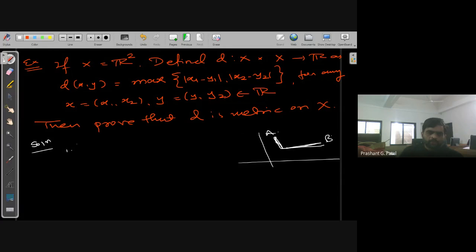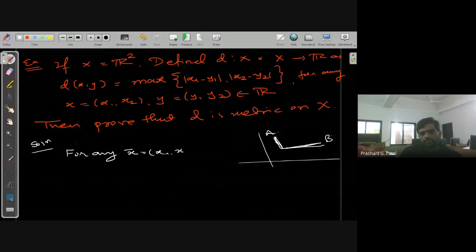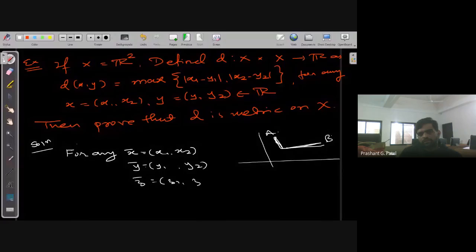So to prove this one, I am starting with any x bar, which is x1, x2, y bar will be y1, y2, and z bar will be z1, z2 in R2. I am taking these three points in this space.